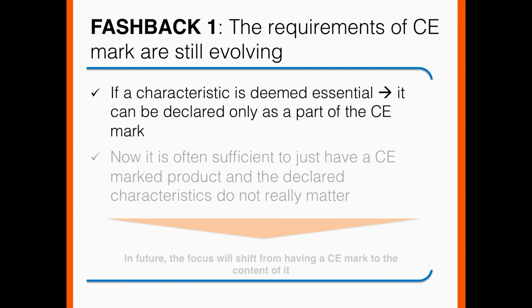The first thing is that if a characteristic is deemed to be essential, in other words, it's listed in Annex ZA of the harmonised standard, it can only be declared as part of the CE marking, or you are not allowed to declare it at all.